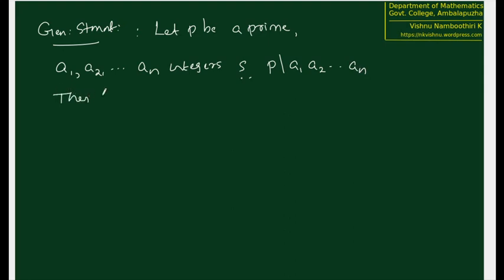Then P divides Ai for some i in 1, 2, etc., n. That means either P divides A1 or P divides A2 or P divides A3, etc. P must divide one of the elements in this product. This statement we can prove using induction.